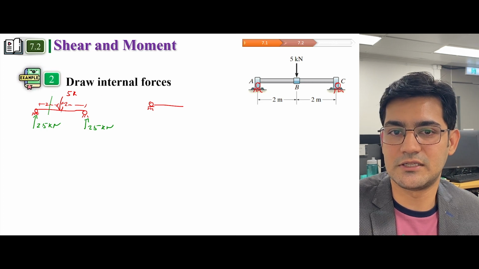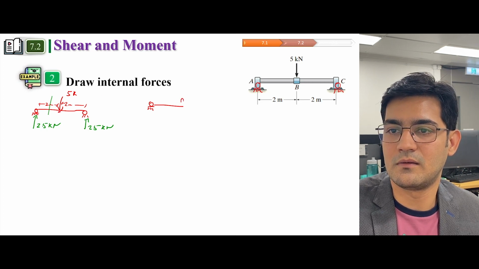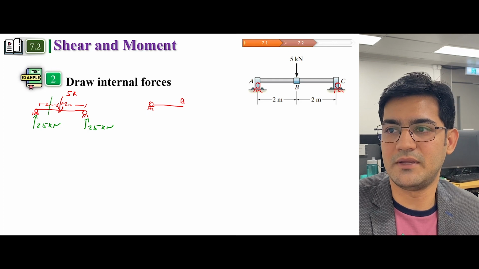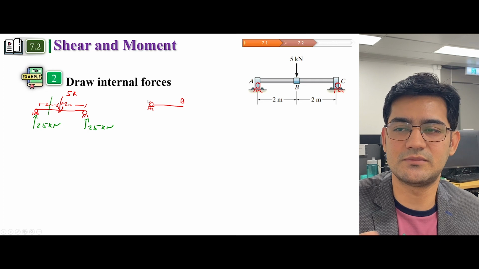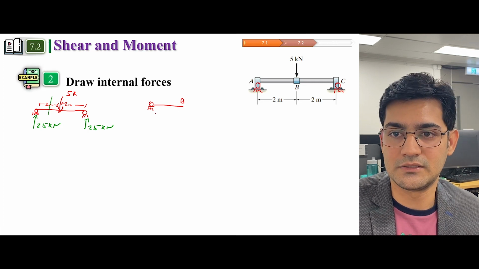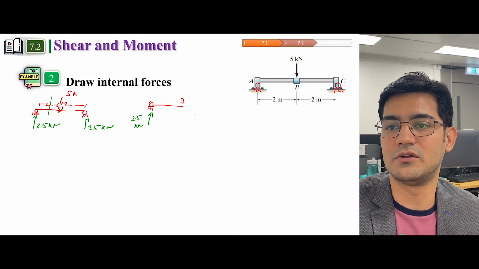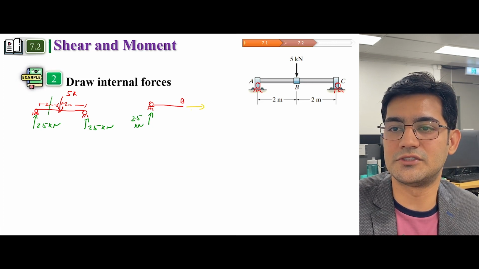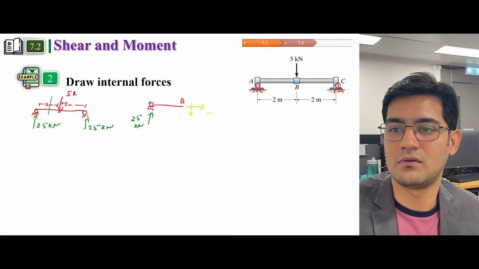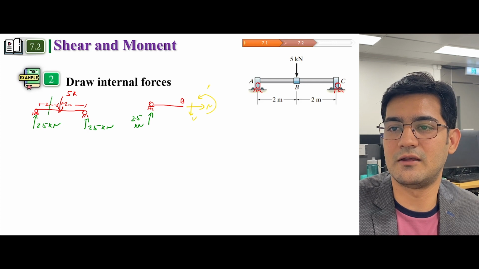Let's say this is point B, and at point B we don't have this 5 kilonewton because we cut a section just before point B. So you have a reaction force which is 2.5 kilonewton, and you have internal forces which are normal force, shear force, and bending moment.